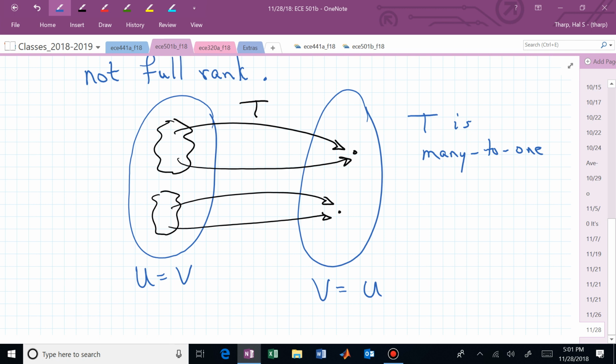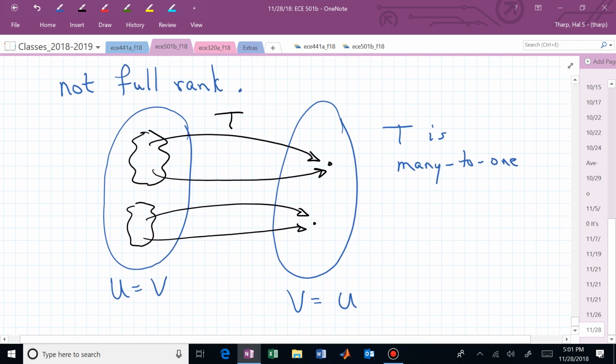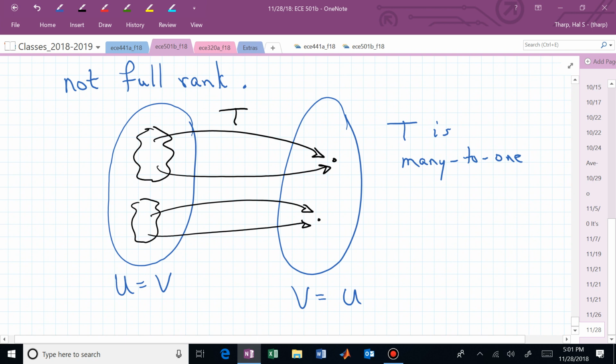Or what's another way of referring to that? The columns of T are dependent, aren't they? Linearly dependent, and that means we can get non-zero vectors that map to the zero vector. We could linearly combine those columns with non-zero coefficients to form our non-zero vector that would then map to the zero vector.